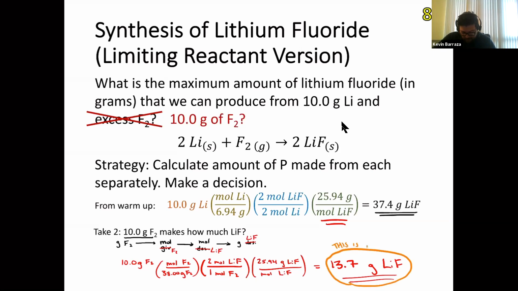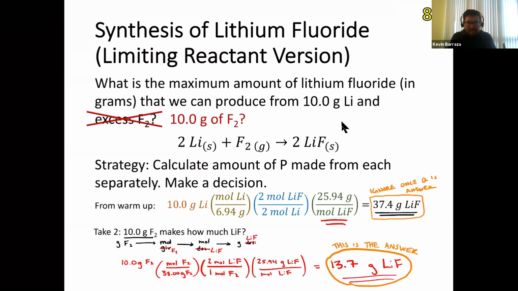This is the answer. We pick the smaller of the two. Again, this was important for our comparison purposes, but we ignore it once the question is answered. We don't need it anymore.